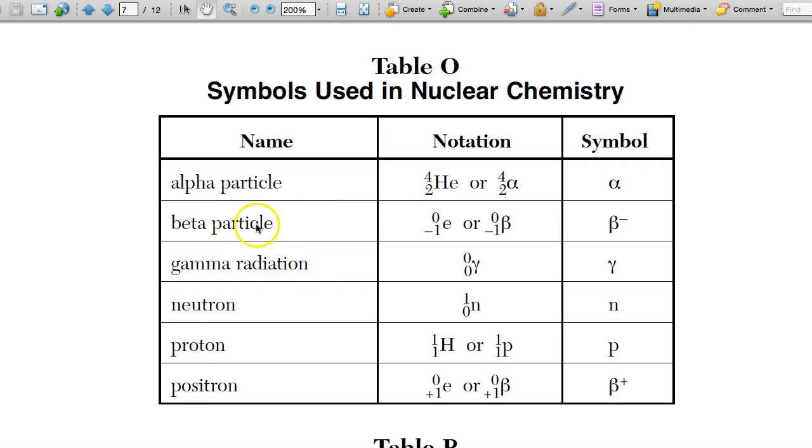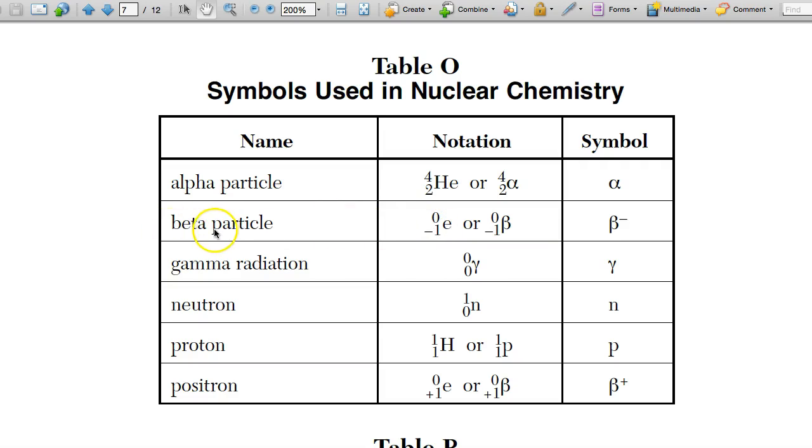Beta particles, which are essentially electrons that come out of the nucleus, okay, when you have too many neutrons in your nucleus, a neutron becomes a proton. But in any case, they're showing a mass of 0, and that's not really true. It's just that an electron is 2,000 times lighter than a proton, so this is really an insignificant number, so they put it to 0 and it has a charge of -1.